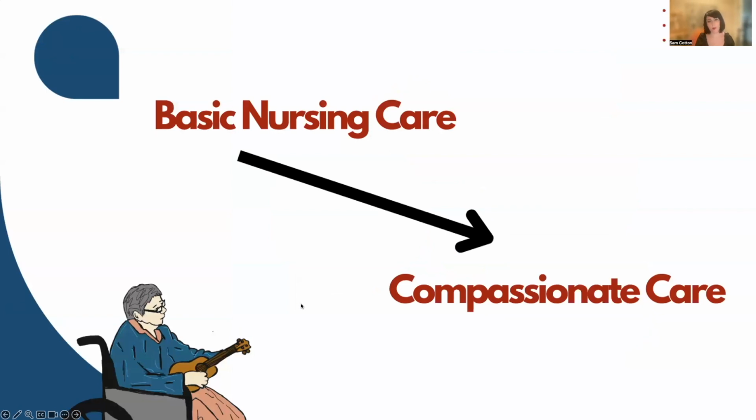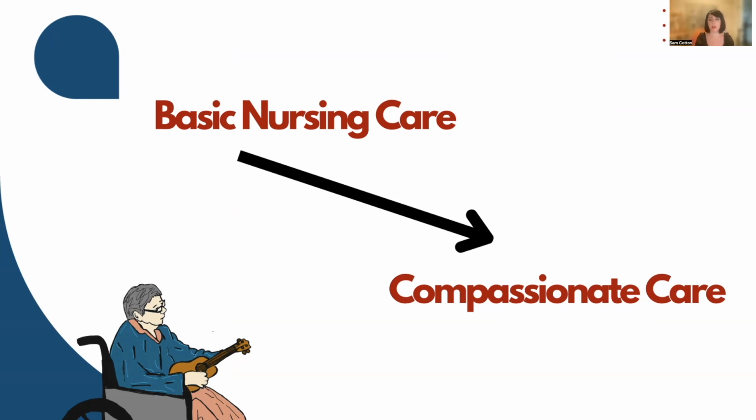And this is where we bring in compassionate care. So once again, basic nursing care is really, really critical to the work that we're doing with persons with Alzheimer's disease and other types of dementias. However, completing those activities of daily living with an individual doesn't really get at some of these other challenges that they're dealing with.